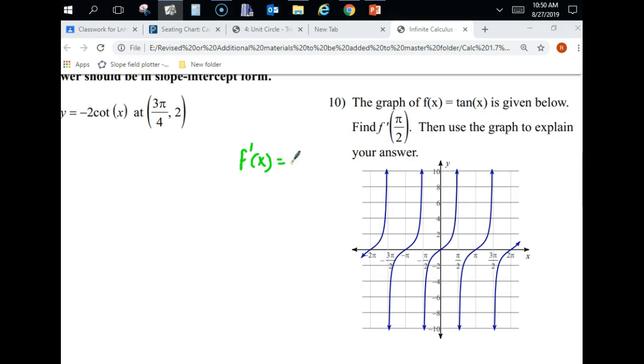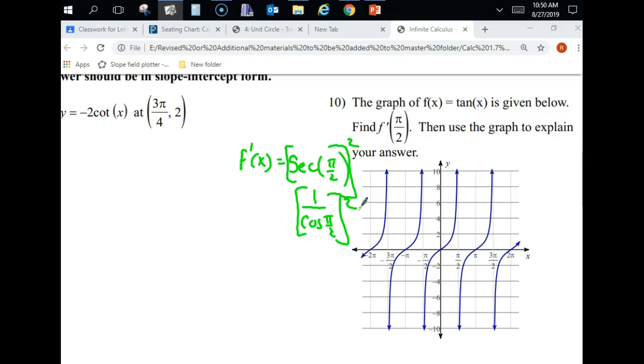Derivative of tangent, which is? There you go. And we're plugging in pi over 2, right? Now, secant of pi over 2, that's 1 over cosine of pi over 2, isn't it? What's cosine of pi over 2?